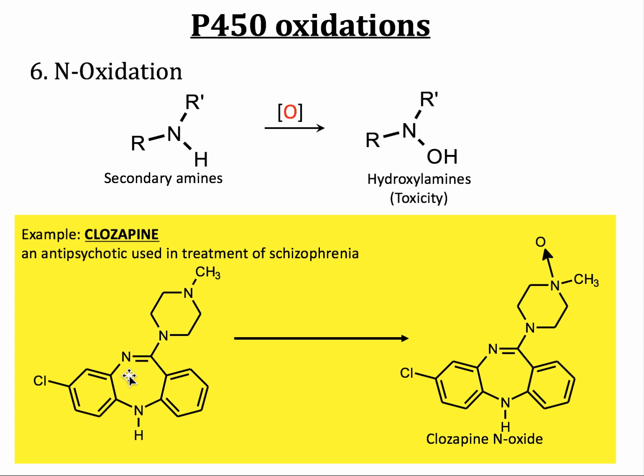So clozapine is an antipsychotic drug which is usually prescribed for the treatment of schizophrenia, so some sort of fear or something, so psychic. And what you simply do is you simply add an O to the top part of the N.